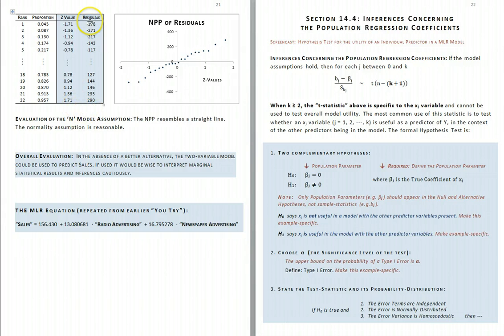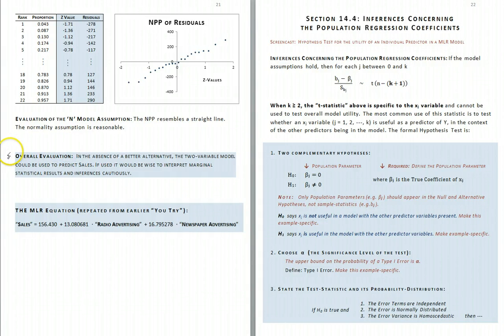Next to the z-value column are the ranked residuals from the largest negative residual to the largest positive residual. When we construct the scatterplot of the z-values versus the ranked residual values, we get a normal probability plot of the residual values, and this one clearly appears to be very close to a straight line. Our conclusion is the normality model assumption is satisfied.